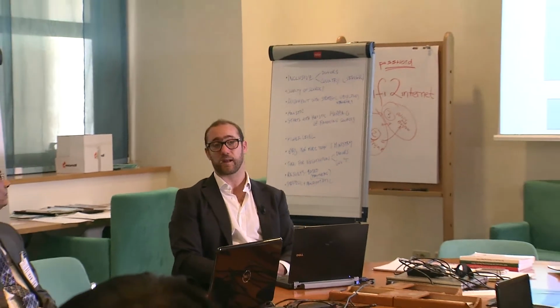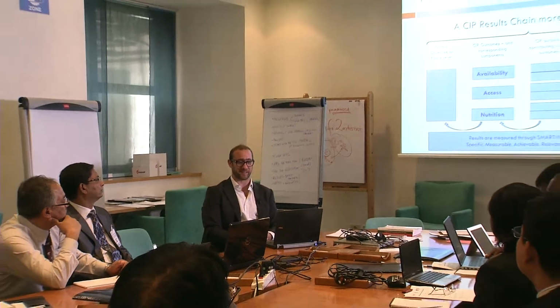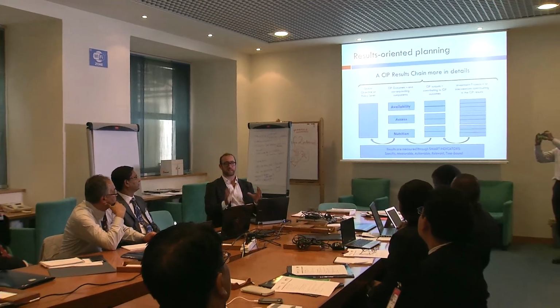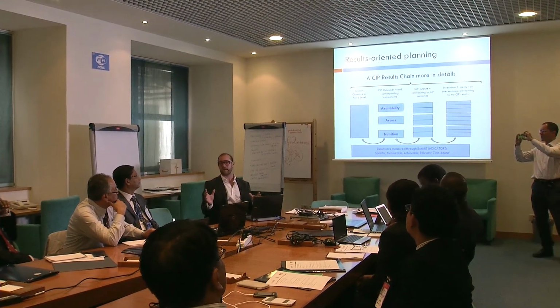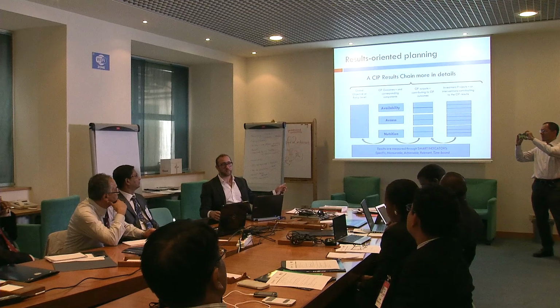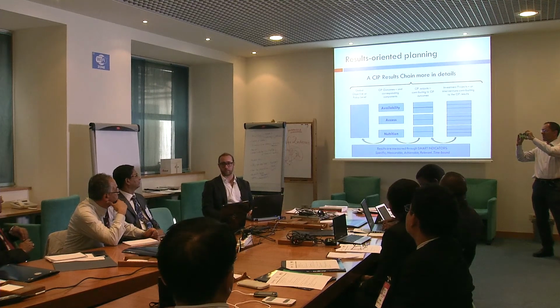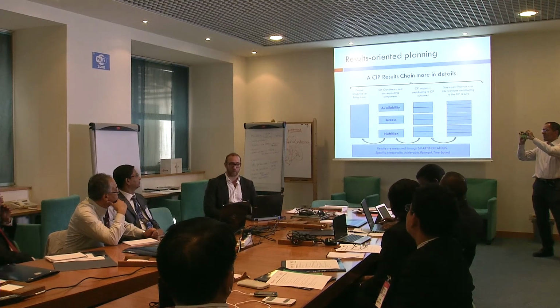I think it is now time to pass to something a little bit more complex, which is, and this is something we've already seen, the structure of a result chain. How can it be in an investment plan structure? As we said, the activities could represent the investment projects. We find them on the right side of the chart.